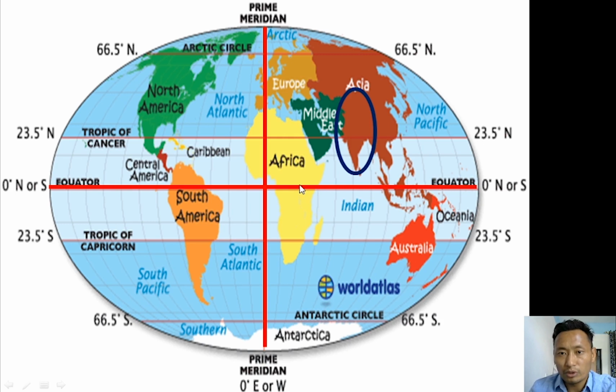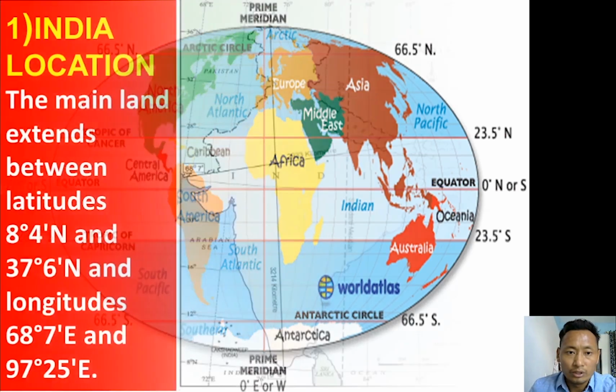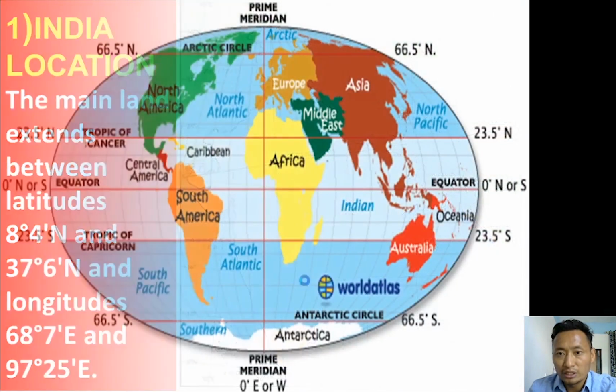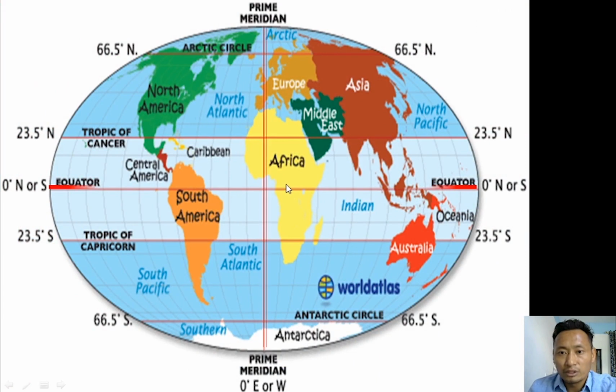India lies at north of equator and east of prime meridian. Because of these two reasons, we use north and east for India.